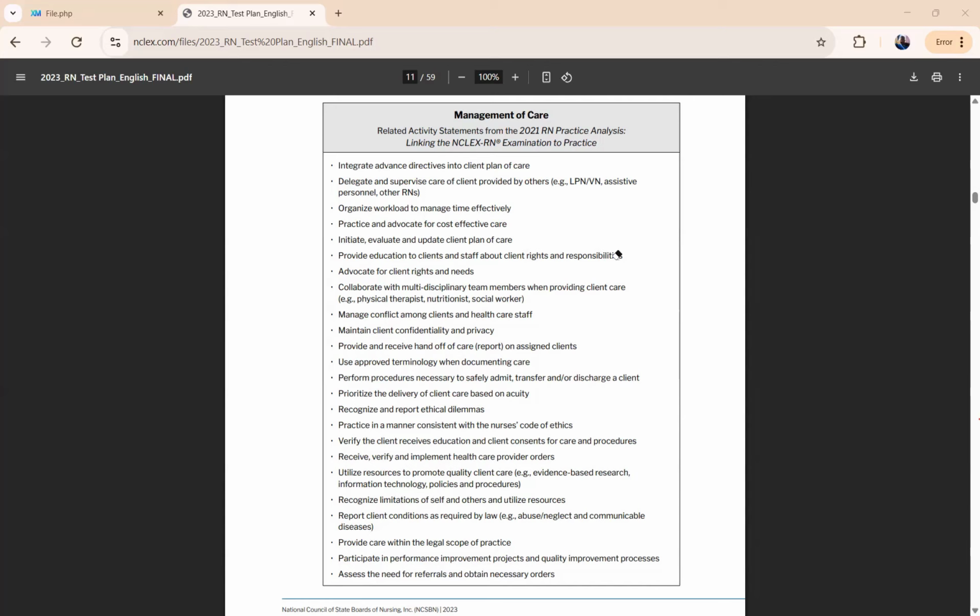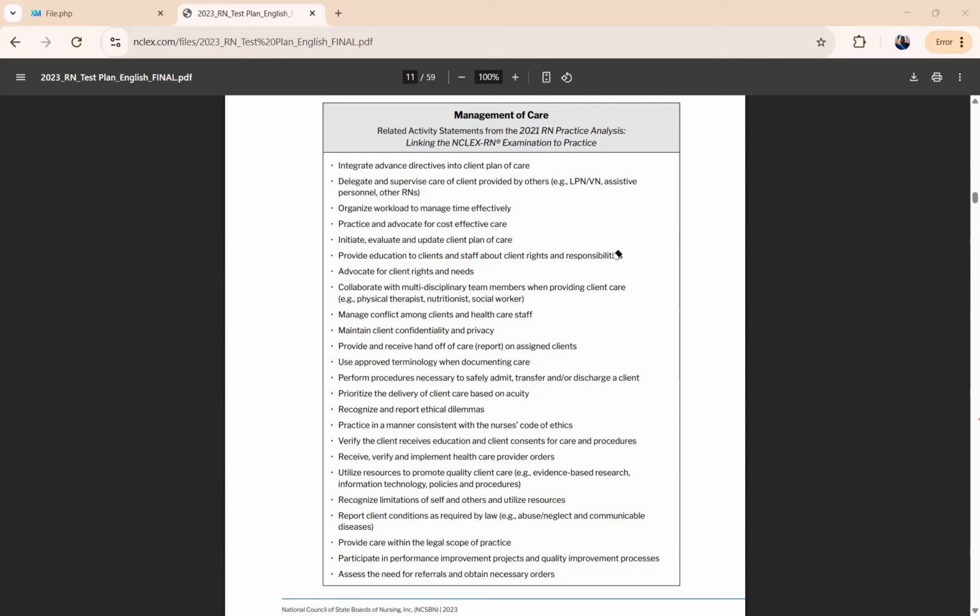So that's what the NCLEX just wants you to know when it comes to client rights and responsibilities. If you notice that anybody is violating a right, you advocate for their right. And if you notice they are not getting what they need based on their rights, you advocate. That's what the NCLEX is talking about when it comes to advocating.